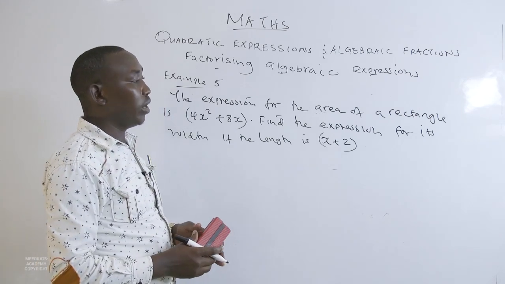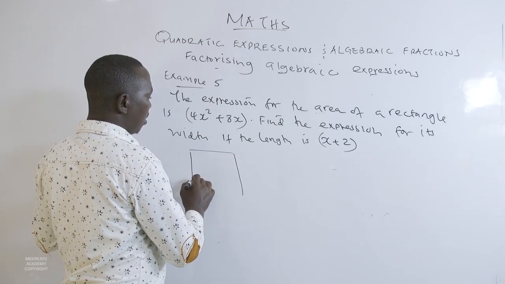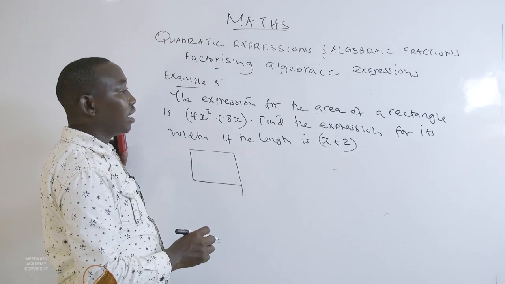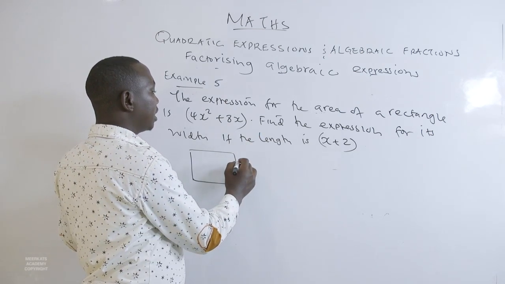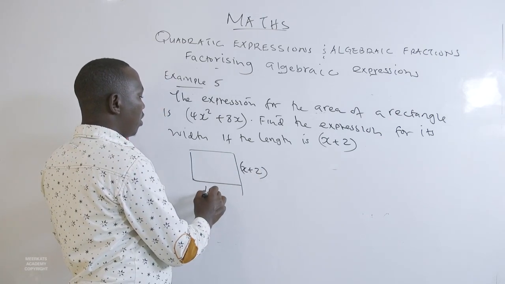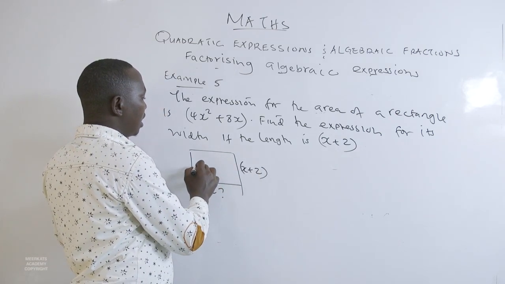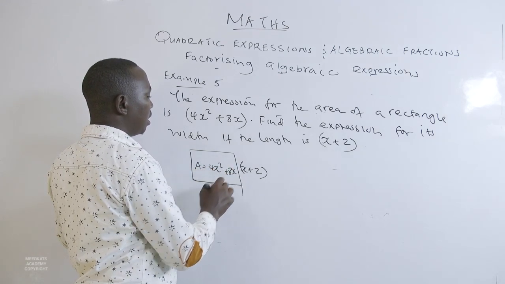Now in this question we have been given the expression for the area of a rectangle. We have been told that the width of this particular rectangle is x plus 2. We don't know what the length is, but you are told that the area is 4x squared plus 8x.